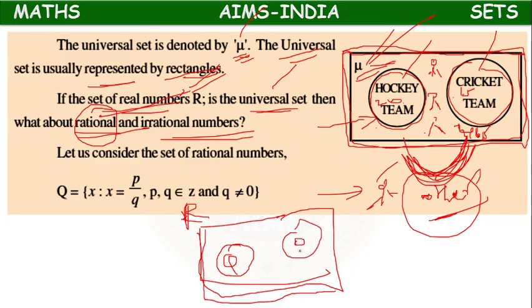Irrational numbers Q dash also will be in the real numbers. They are considered as subsets. Both of them are present in real numbers, but both of them are not equal. This is separate, this is separate.